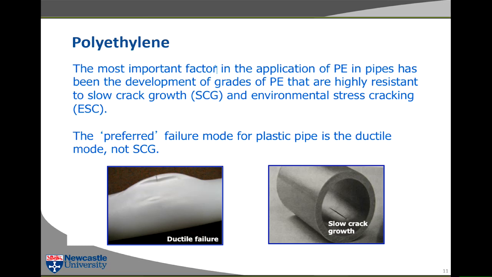It's crack growth, which involves an interaction between a stress concentration and some chemical components of the fluid which is in the pipe. And what happens with that crack, it's also called static fatigue, because it's like a fatigue crack, except it's not cyclic. It's a stable crack which just grows and grows and grows until it reaches critical size according to fracture mechanics, and then the pipe will fail or it will leak.